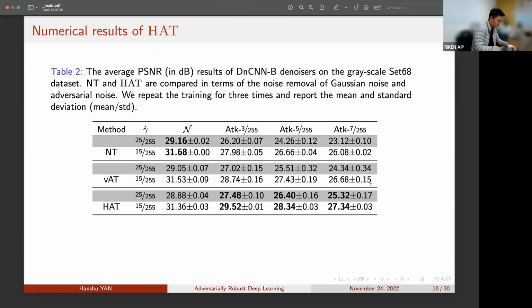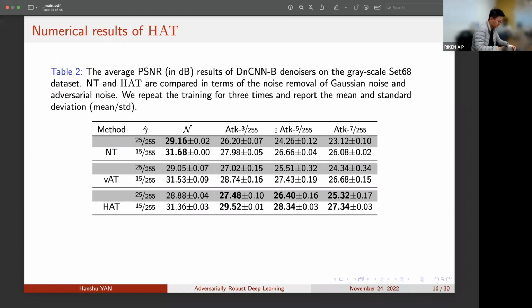Here are also some numerical results. VAT is another baseline method, and HAT is our proposed one. We can see that when we deal with common noise like Gaussian noise, the performance of HAT is quite close to the normally trained one.